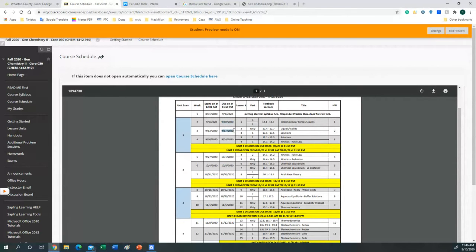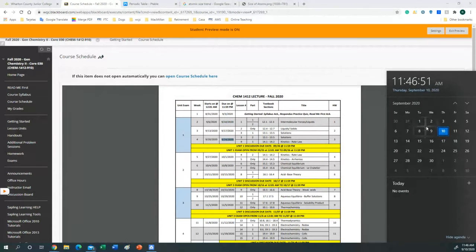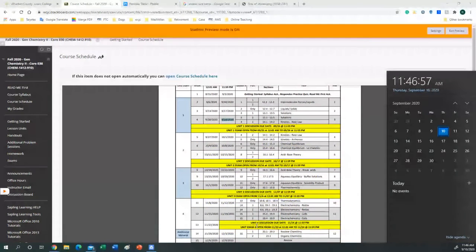The due dates for homework are always on a Thursday night. The due dates for the unit discussion and the unit exam, I believe this is a Saturday, the 26th. Let me just double check. I think, yeah, it's Friday and Saturday. So exams, except for this exam, exam 4, is open, I think, Monday and Tuesday of the Thanksgiving week.